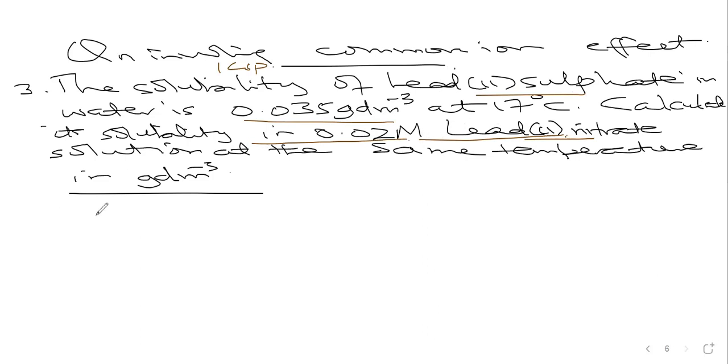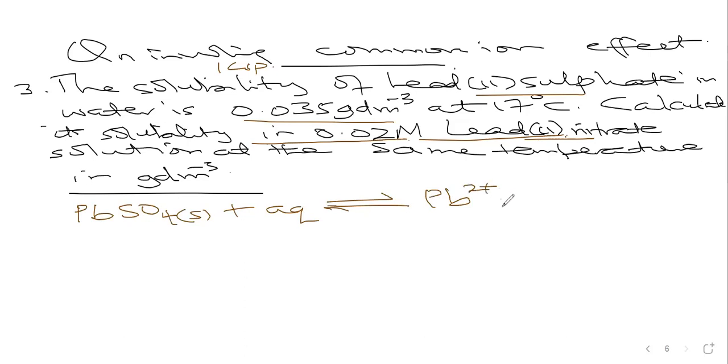So first of all, write the equation. Although I have not been told to write the equation, it will aid you in the calculation. So lead 2 sulfate, being sparingly soluble, will give us lead 2 ions and sulfate ions. Each of the ions has a valence of 2, so it makes our equation very simple.